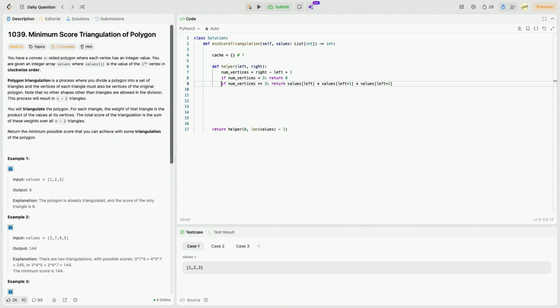Okay, and now that we've handled those edge cases, we will deal with making the big slice or the different slices through our polygon or subpolygon. So we'll have, I guess, a mid, we could call it mid, in range left, and we already picked left as one of the slicing points.